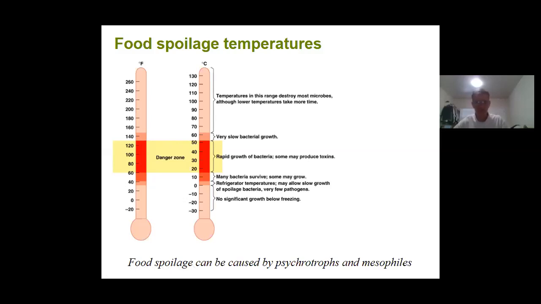Food will spoil at other temperatures, particularly between, well, let's say 40 degrees Fahrenheit to 145 degrees Fahrenheit. But above 130 to 140, bacteria can grow in it and spoil it, but the bacteria don't grow very rapidly, so that food takes longer to spoil.